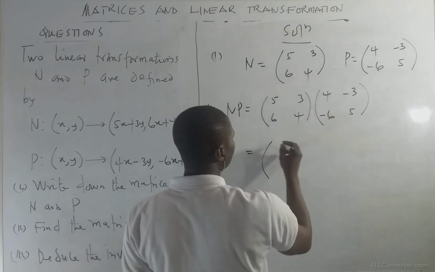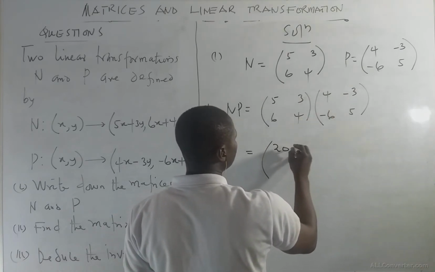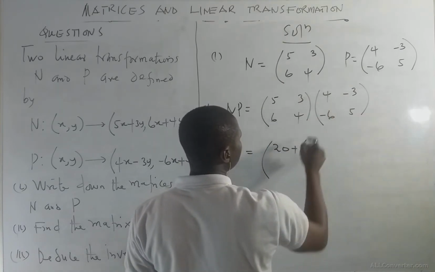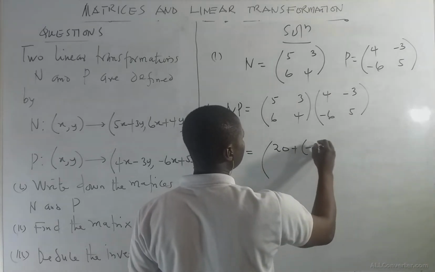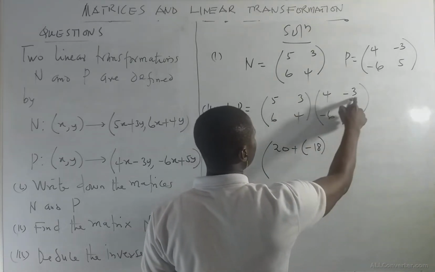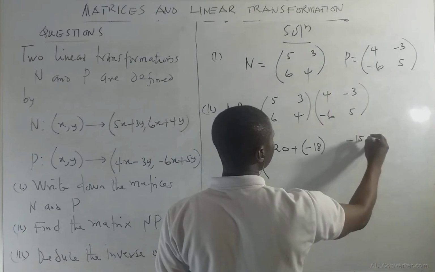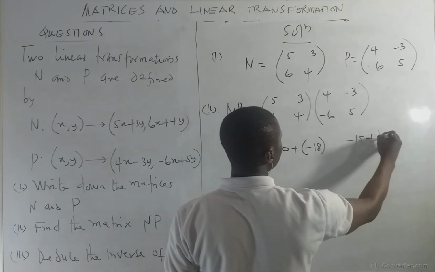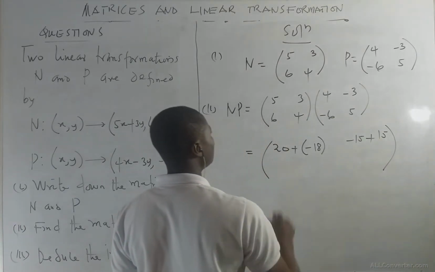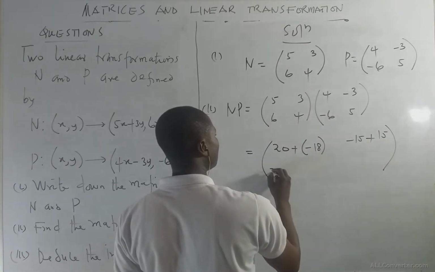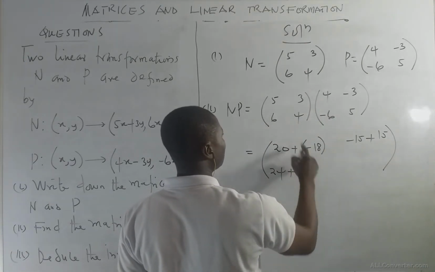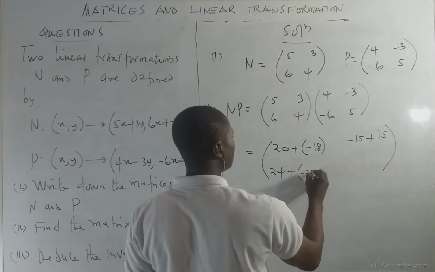So 5 times 4 gives us 20, plus 3 times minus 6 gives minus 18. Then 5 times minus 3 is minus 15, plus 3 times 5 gives plus 15. We are done with the first row. Now, 6 times 4 gives 24, plus 4 times minus 6 gives minus 24.